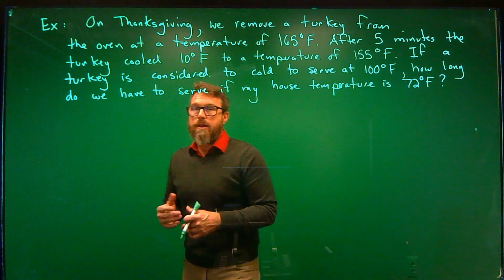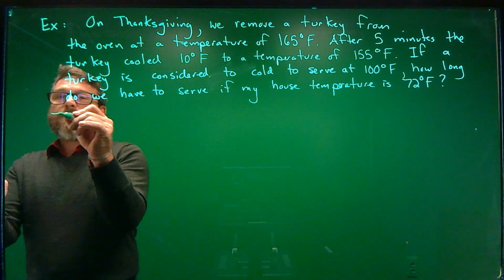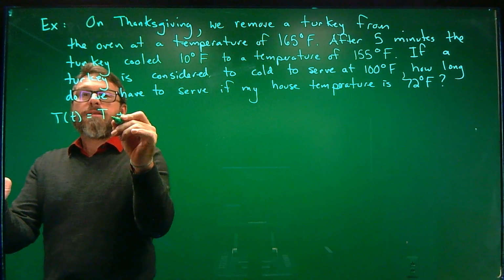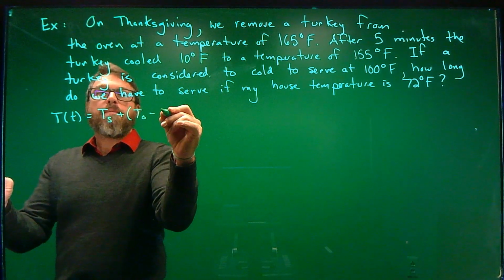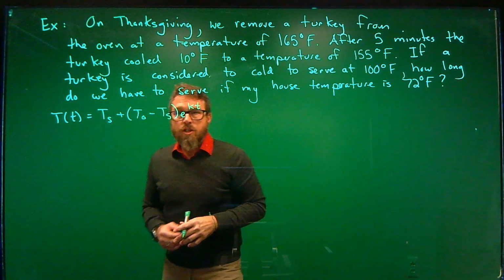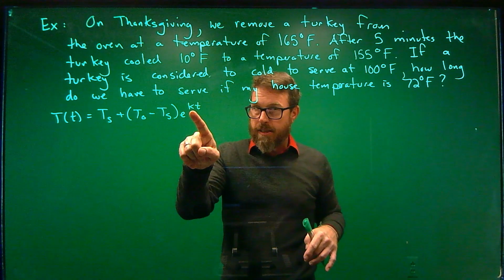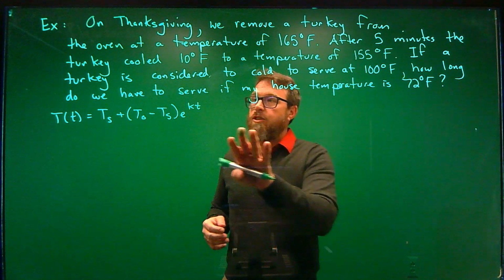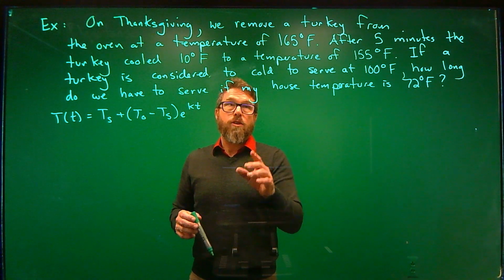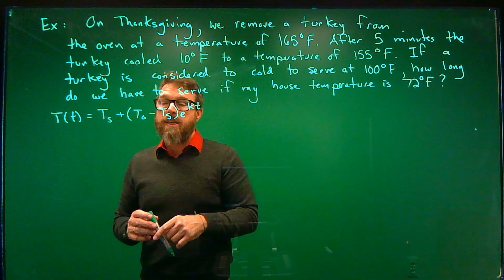Okay, so first thing we know is that T of t is equal to Ts plus T naught minus Ts, e to the kt. So my goal really is to find this k, so that I can eventually solve for a particular temperature. In order to do that, we have to use some of the given information.